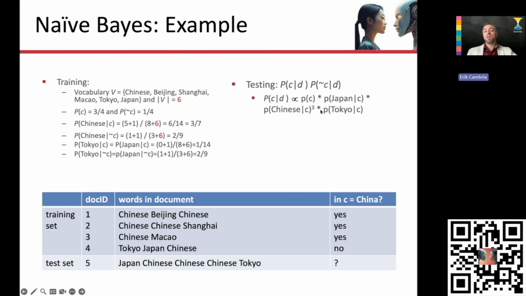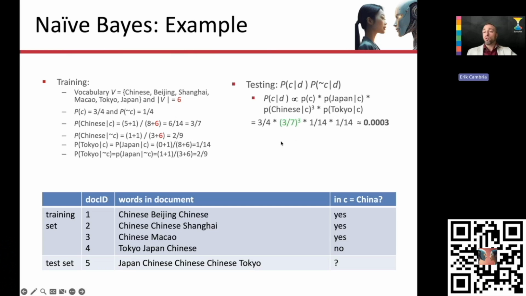So in this case, I take the probability of Japan given C multiplied by Chinese given C 3 times, because the word Chinese appears 3 times, multiplied by the probability of Tokyo belonging to class C. So when I multiply all these quantities together, I get this number.